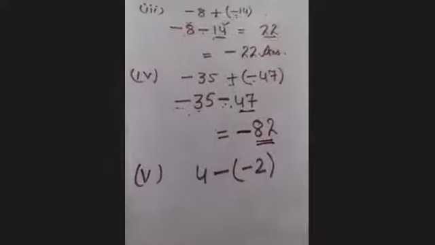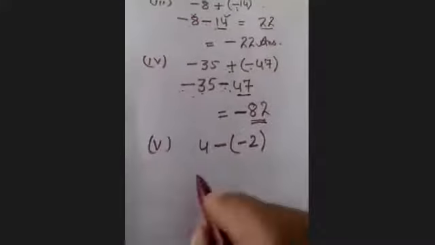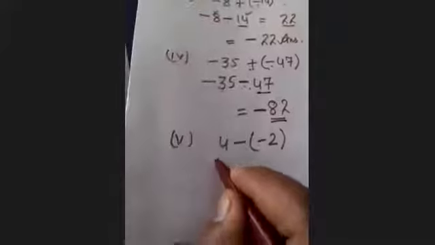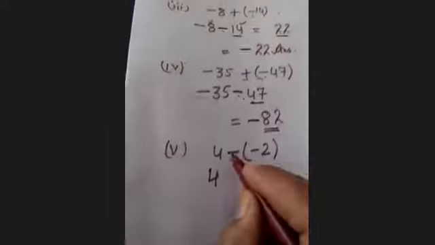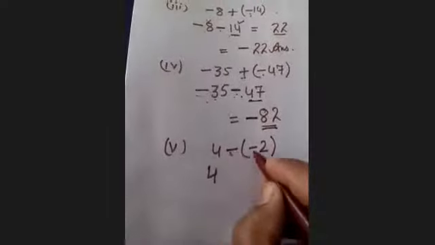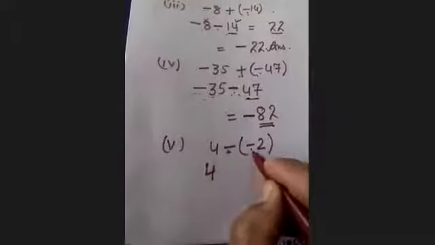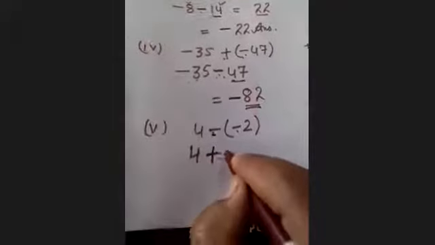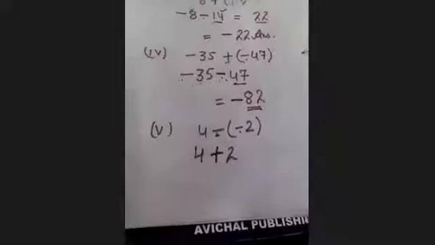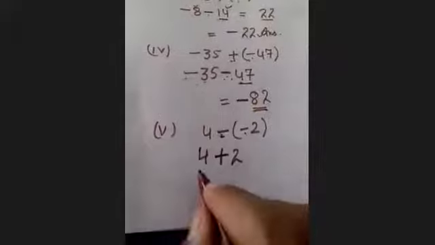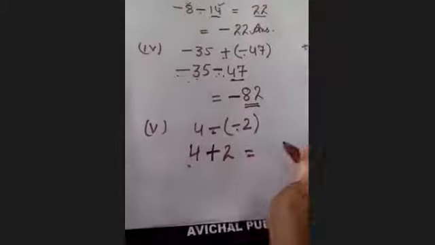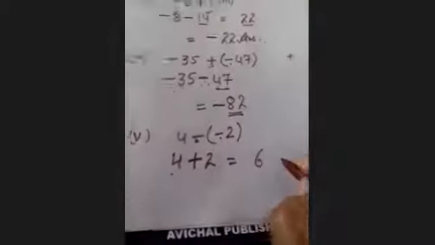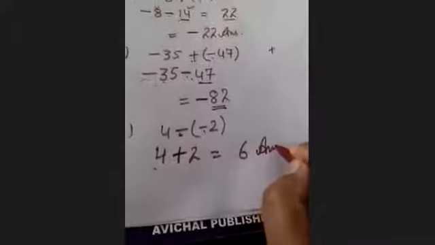Now, first write the first integer as it is. Then minus minus is plus 2. Now 4 plus 2 is 6. So your answer is 6.